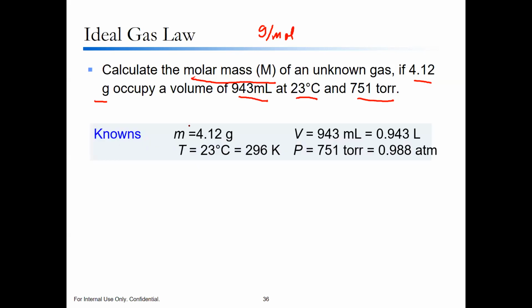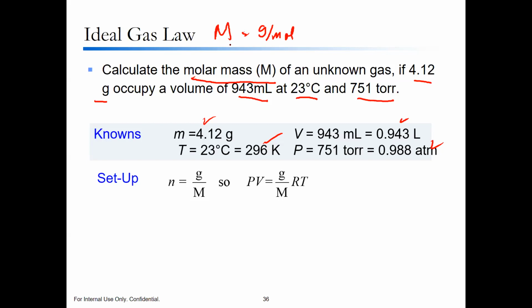So let's write down what we have. There's a lot of information. We have the mass, temperature, the volume, the pressure. So what do we know about what we're looking for? We're looking for grams per mole. And we're just going to say that equals capital M, molar mass.